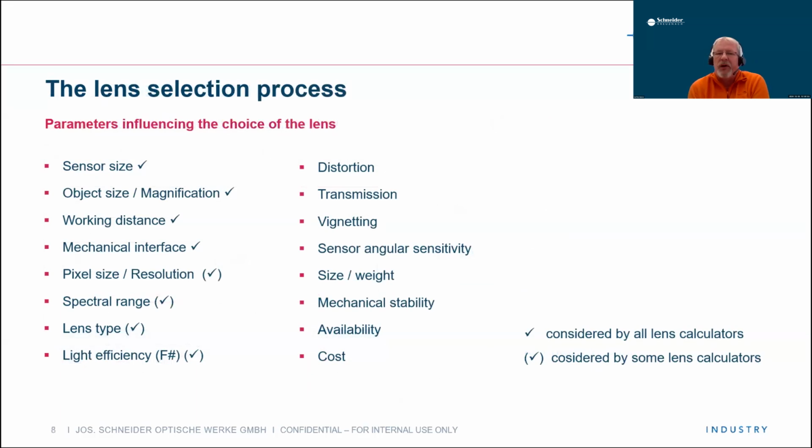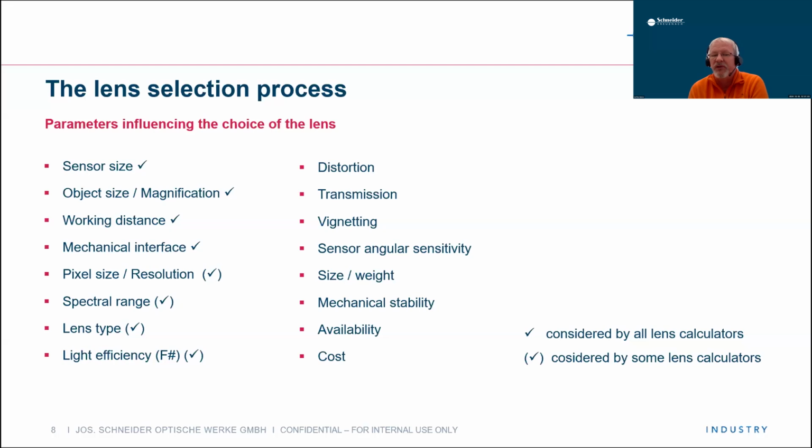Because there are a few more parameters which are influencing the choice of the lens. These are, most of them, really important. So we have spoken about the sensor size, object size, magnification, working distance, mechanical interface. These parameters are typically considered for all lens calculators, but there are also others like pixel size and resolution.